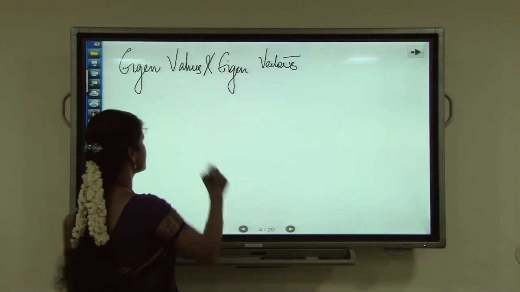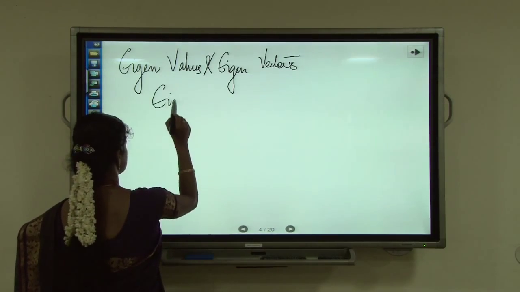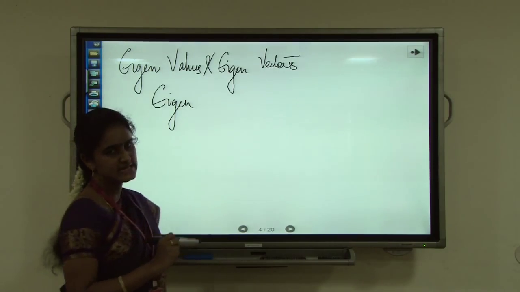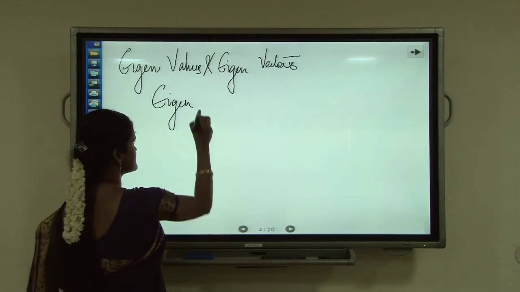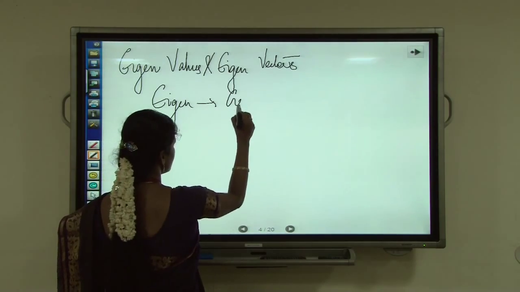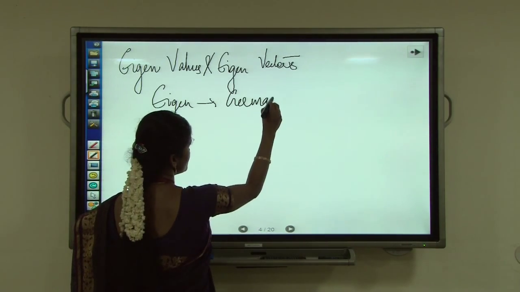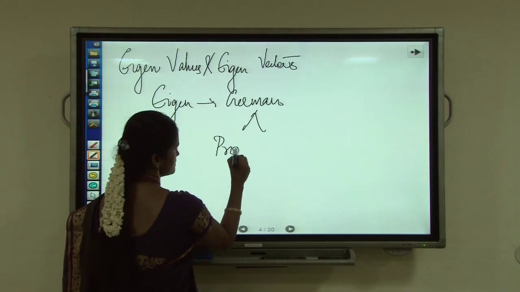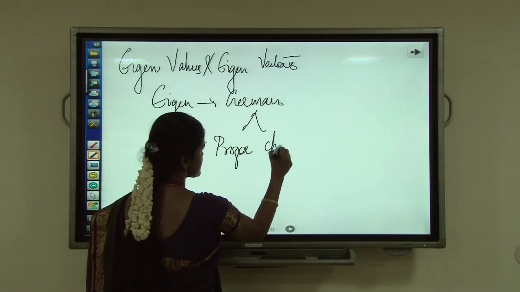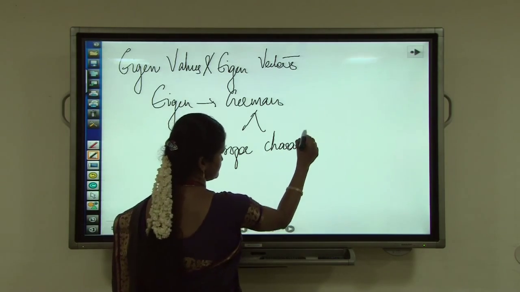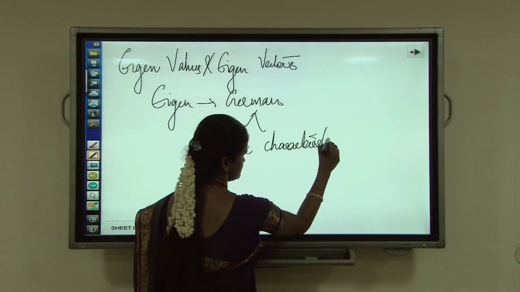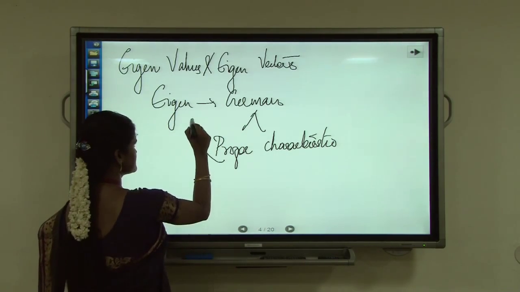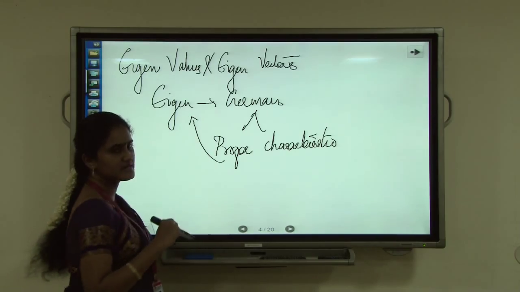What is eigen? The word is different. It's not like the usual words we have been using in mathematics. Eigen is a German word, which means proper, or we can also call it characteristic.